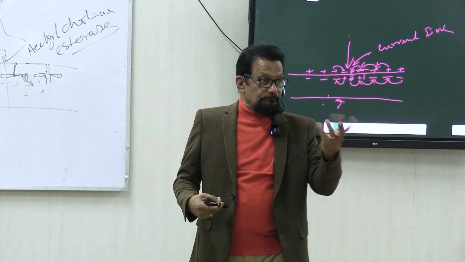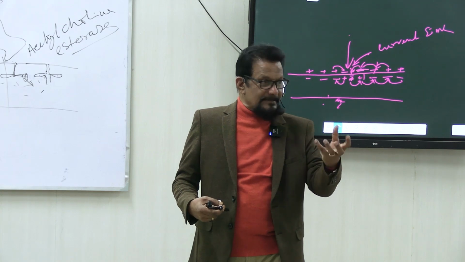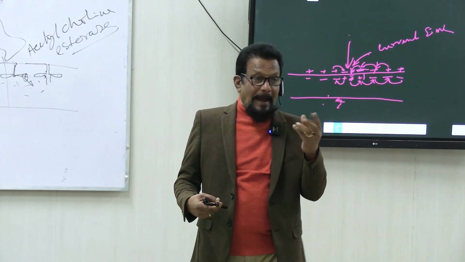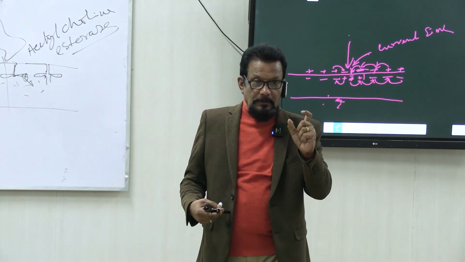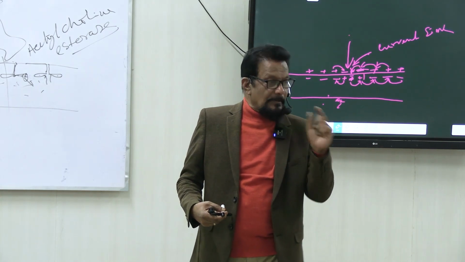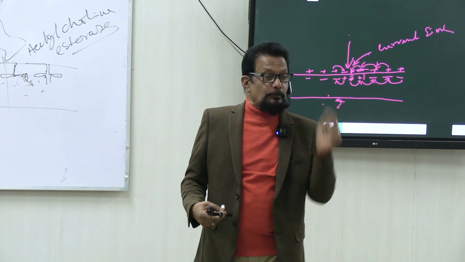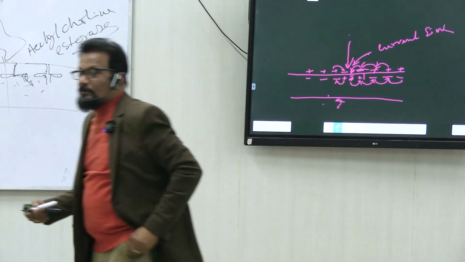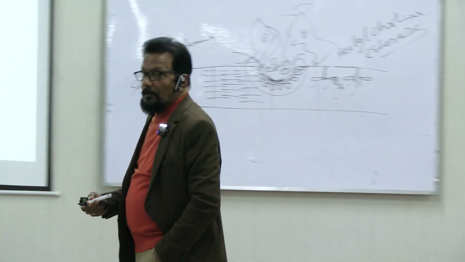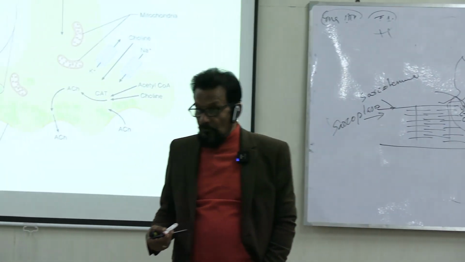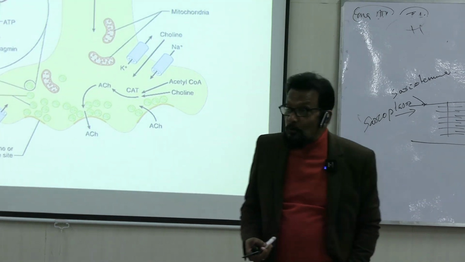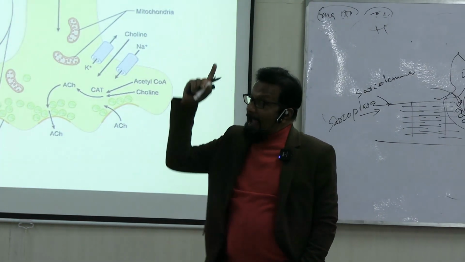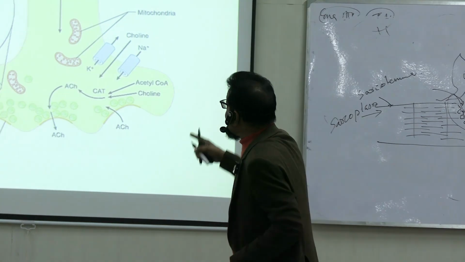Here it is the exoplasm. So it will bind with the calmodulin. A calcium calmodulin complex will be formed. It will activate one enzyme, phosphokinase 2. Now this phosphokinase 2 will activate synapsin.